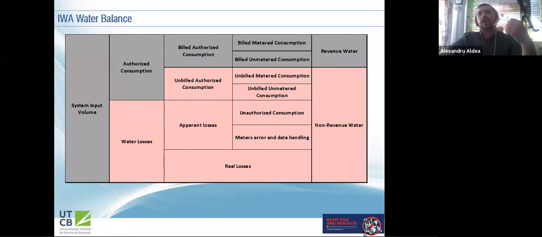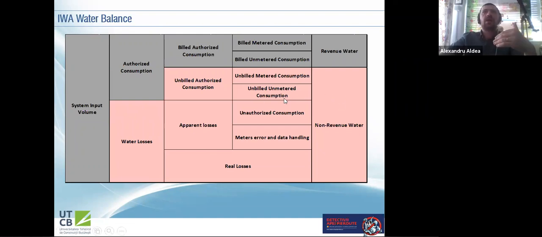Unbilled metered consumption, a good example, is technological consumption in the water treatment plant. The IWA water balance doesn't have a component called technological consumption. But if you meter your consumption, it will go under unbilled metered consumption. And if it's estimated, by whatever method, it will go under unbilled unmetered consumption.